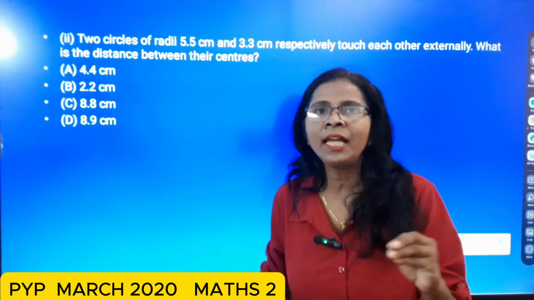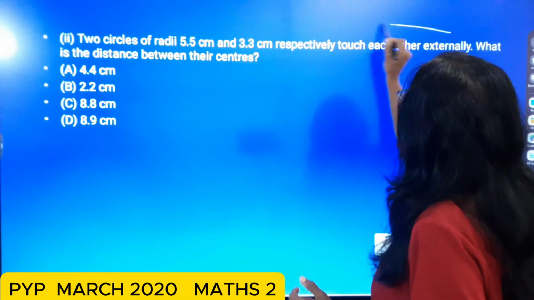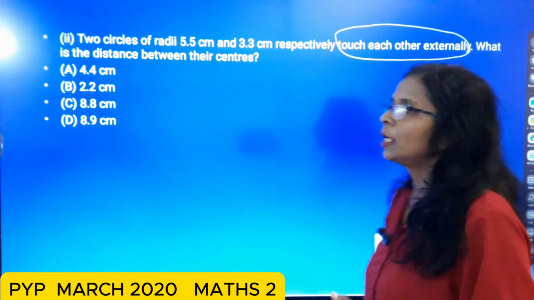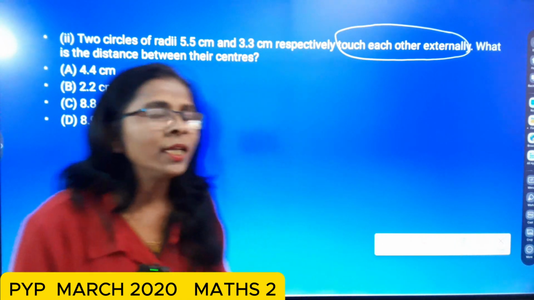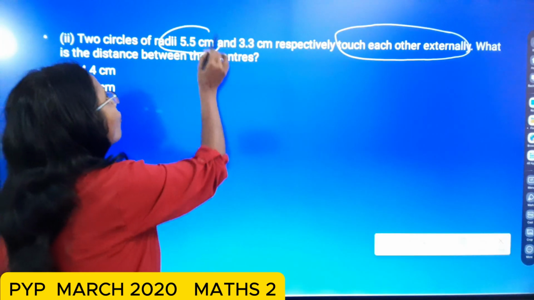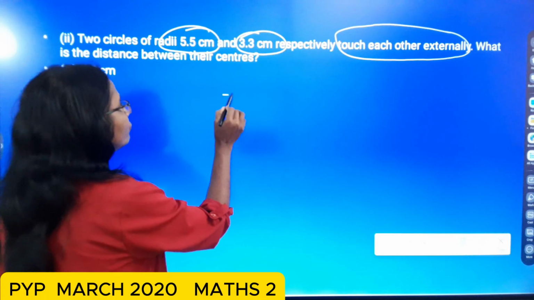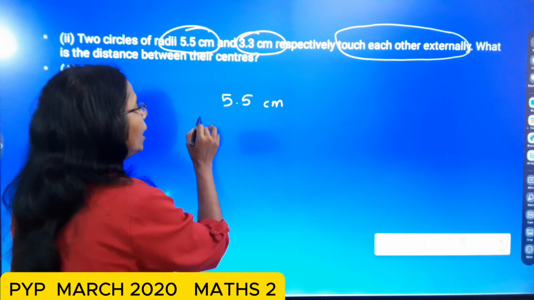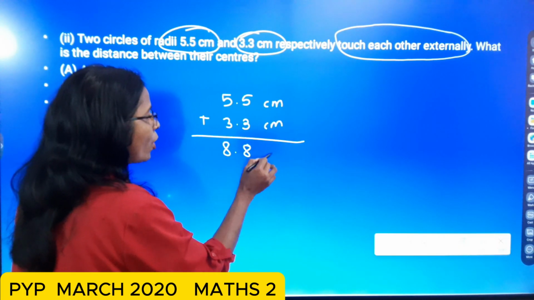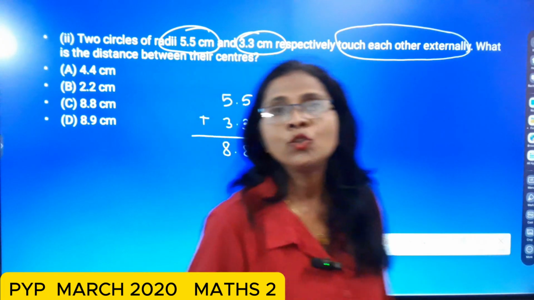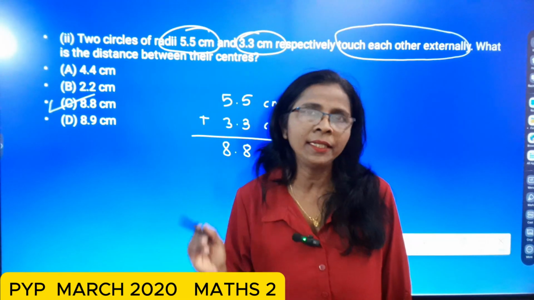If the word externally comes, the circles touch each other externally, then we sum up the radii of the two given circles: 5.5 cm plus 3.3 cm, which is 8.8 cm. So the final answer is option C, 8.8 cm.